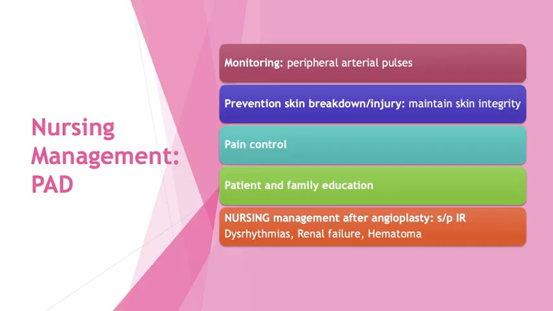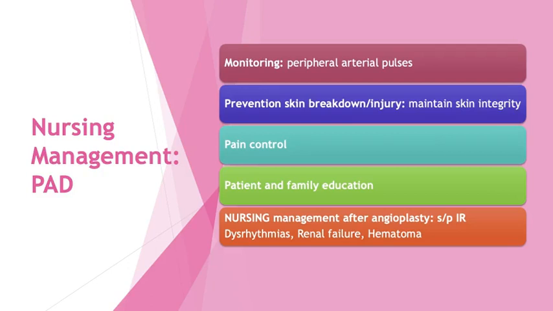Now, what is your job as a nurse, especially for these patients? We're talking about peripheral arterial disease. We need to monitor their pulses, right? You'll see patients that are getting hourly pulse checks and neurovascular checks. We also want to prevent skin breakdown and injury. They have issues with sensation. We want to monitor those ulcerations and the gangrene or other signs or symptoms of infection.